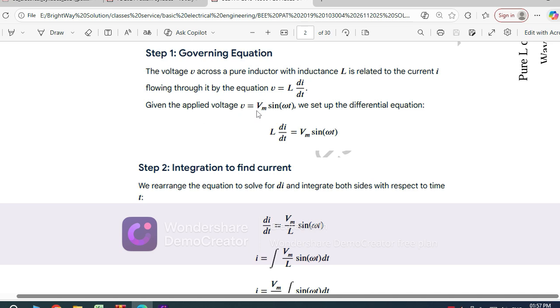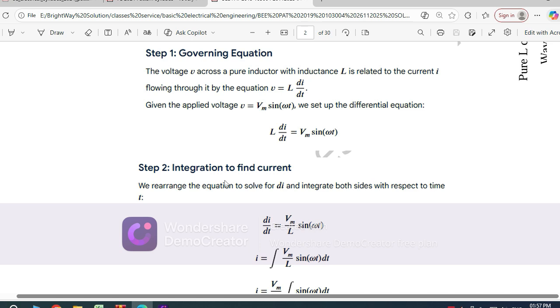This reflects the inductor's nature of opposing changing current. Applying this, the drop voltage equals the source voltage, Vm sin omega t. Now we go for integration to eliminate the differentiation term.